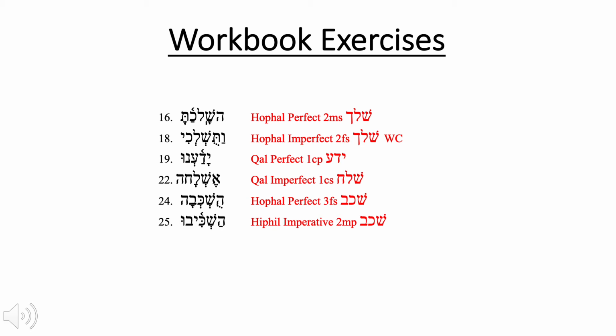We don't have a prefix, so it's not an imperfect, which leaves either the infinitive construct or an imperative. We know that it's not an infinitive construct because we have a shureq at the end, which is actually the marker for the second masculine plural. The fact is that we had a tav prefix that dropped and was replaced by the hey plus the patach. So a Hiphil imperative 2mp.